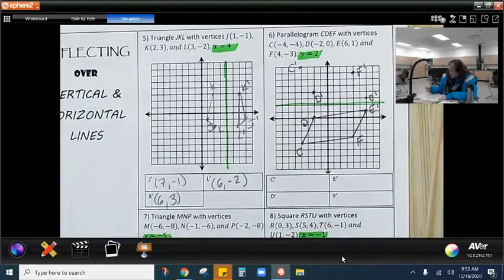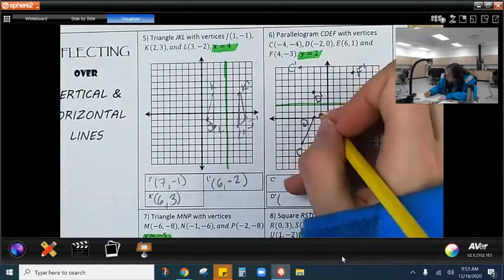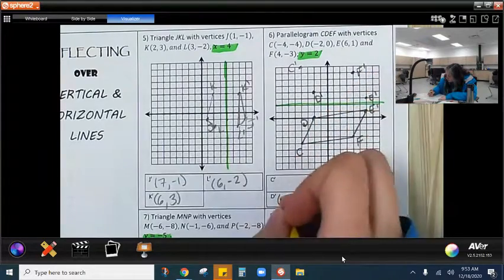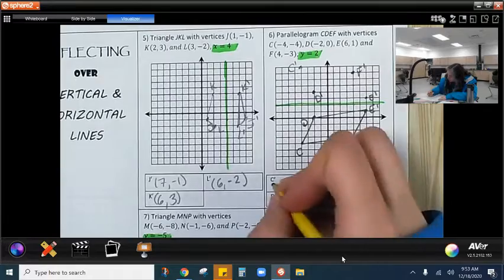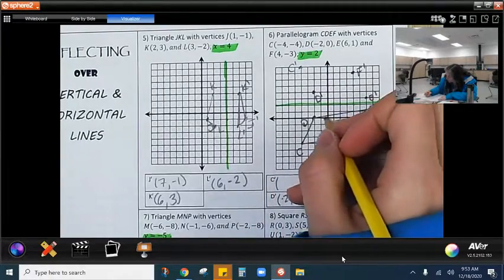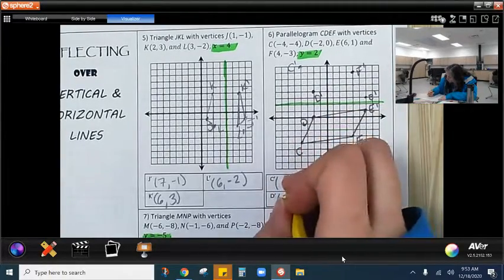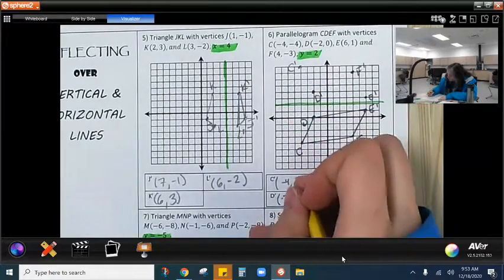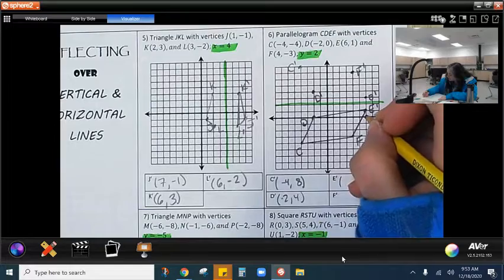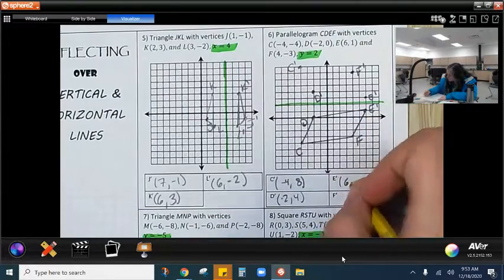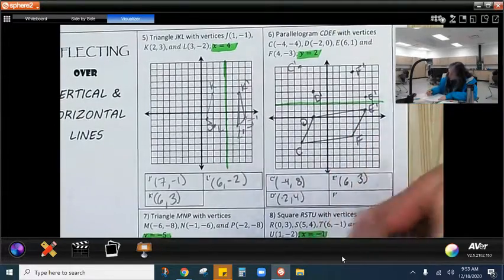So our new coordinates for D prime are at -2, +1, 2, 3, 4. For C prime, it's at -4, and then that's all the way at the top, so it's at 8. E prime, it's at 6, but now it's at 3, 6, 3.